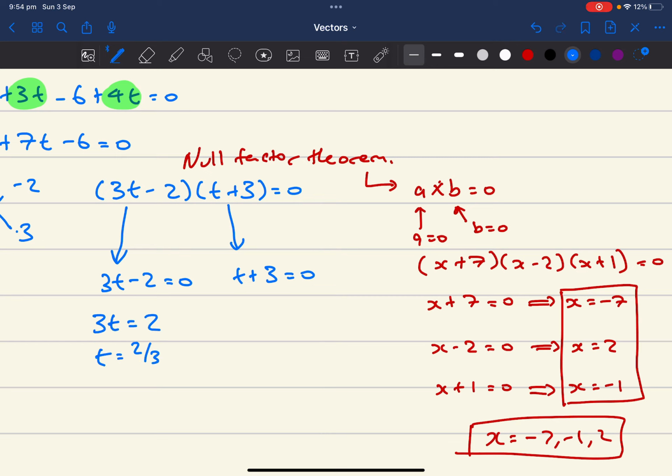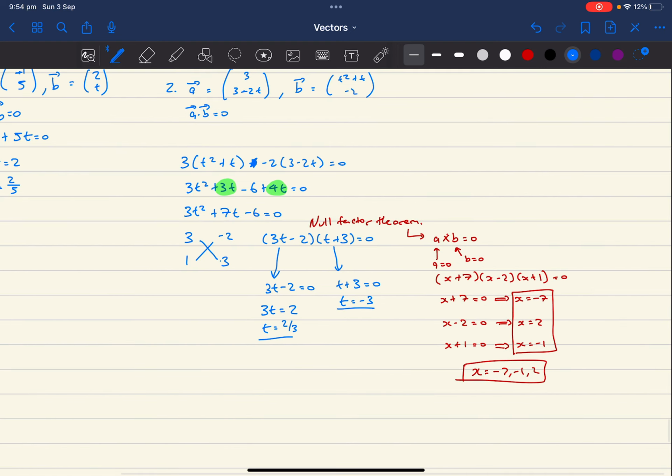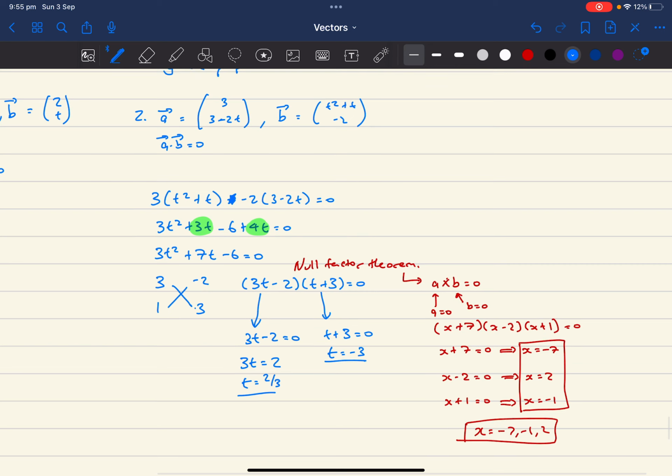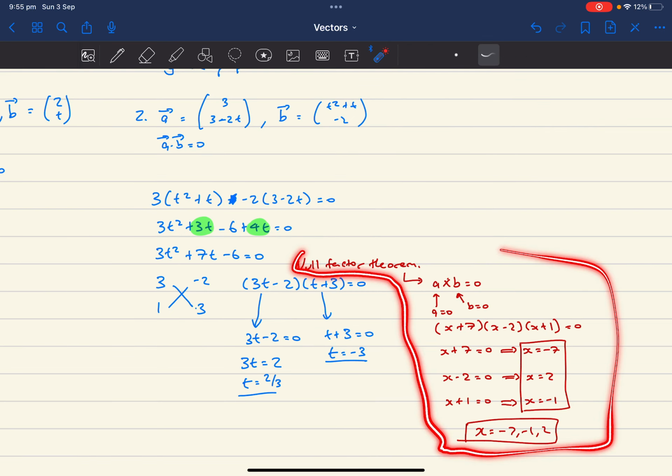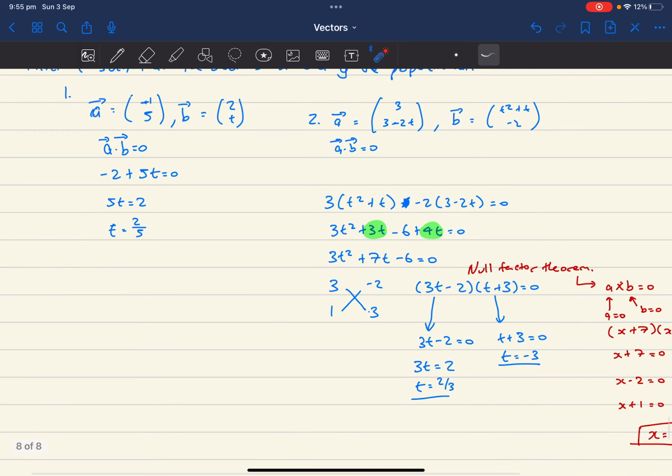T equals 2 over 3. For this one, if you move the 3 over, you get t equals negative 3. And those are your two answers. Yeah. So you can see for question 2, it is a bit longer than for the first one, right?